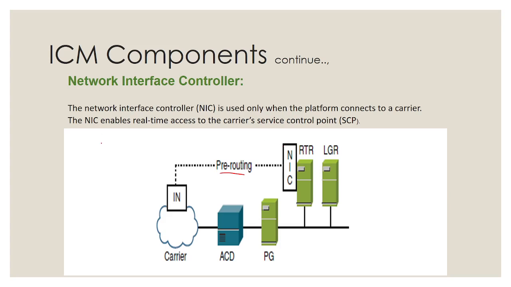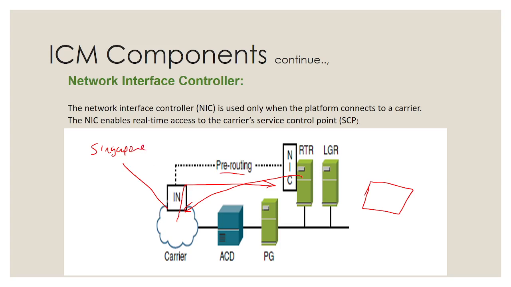For example, if a call is coming from the US and it comes to the carrier, and then the carrier decides the call has to go to India, it goes to the India ICM for call distribution. It takes the business logic from the script, and then the call is given back to the carrier, and then the carrier routes the call to another call center, maybe in Singapore.